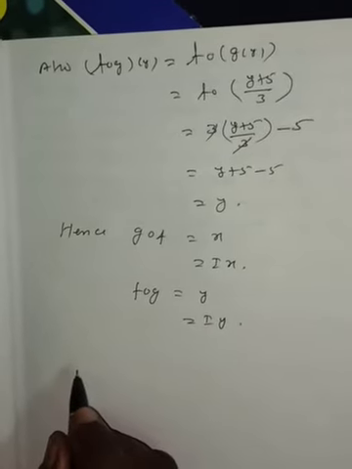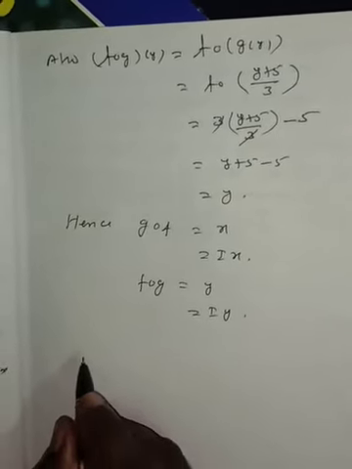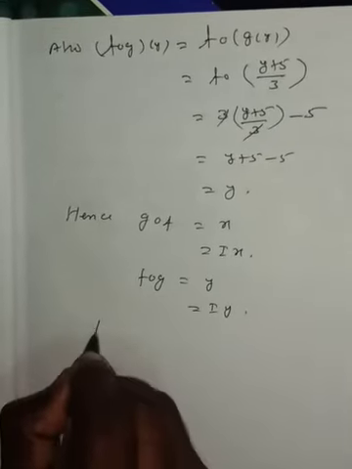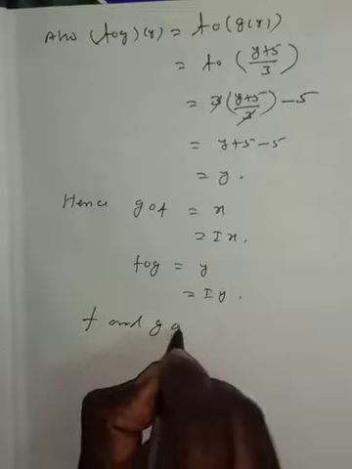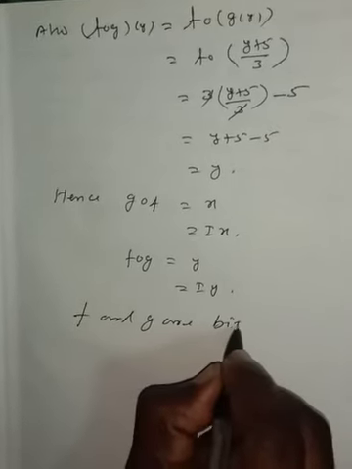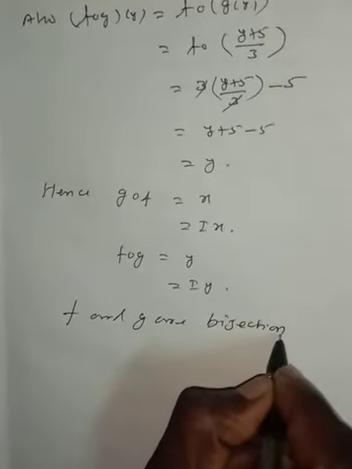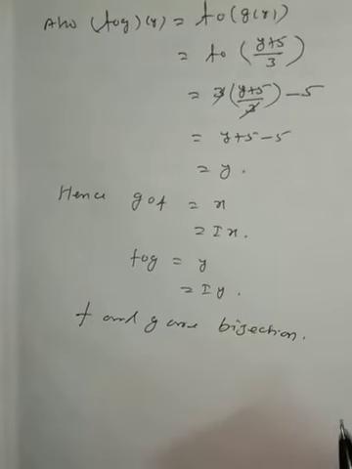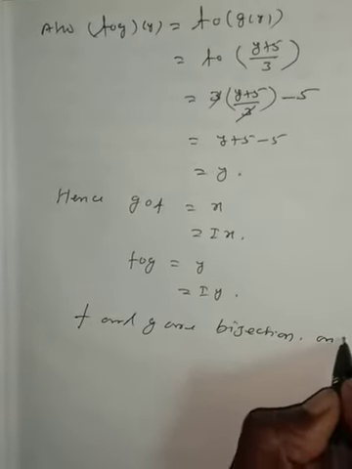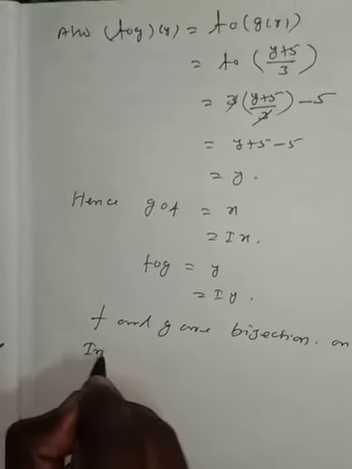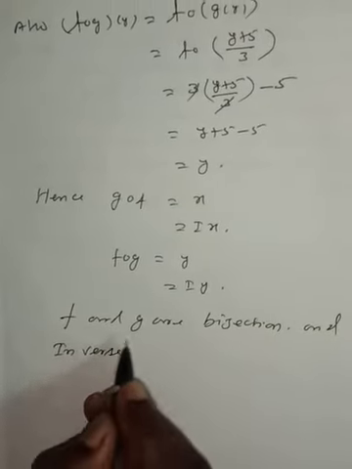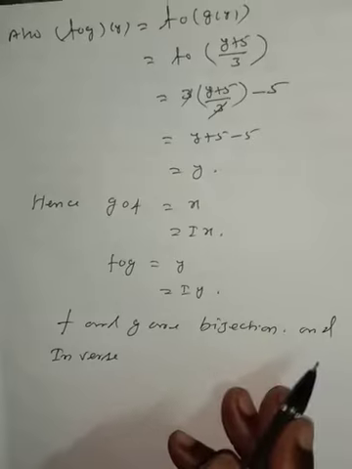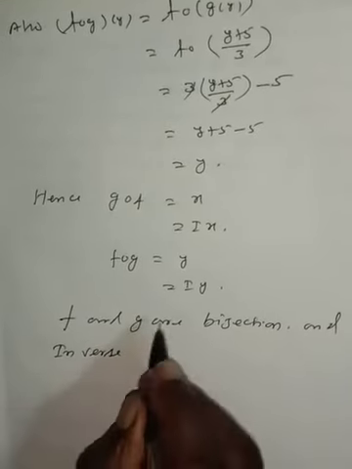Therefore f and g are bijections, and the inverse of f is g, the inverse of g is f, so they are inverse to each other.